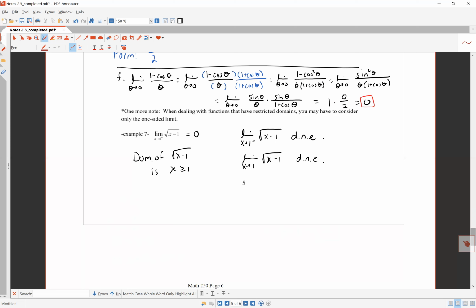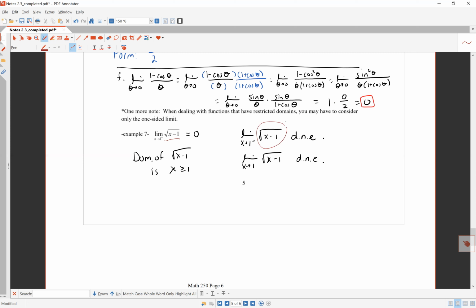You might have to deal with a one-sided domain. So here we have the function, the square root of x minus 1, and the limit is 0. Just be careful. You can only take the limit as x goes to 1 from the right. If you take the limit as x goes to 1 from the left of the square root of x minus 1, it doesn't exist.